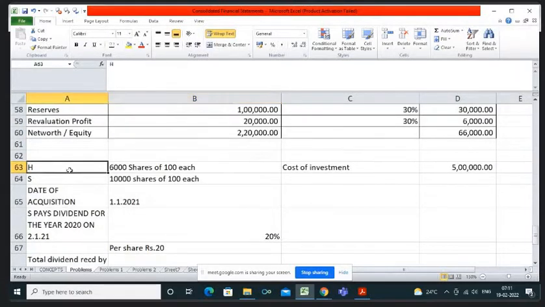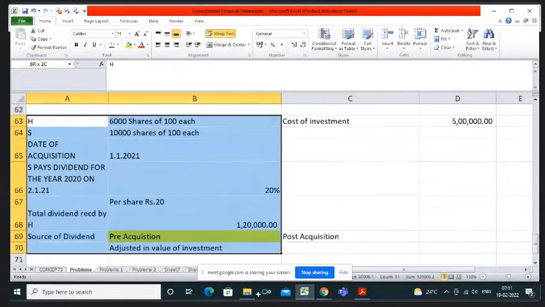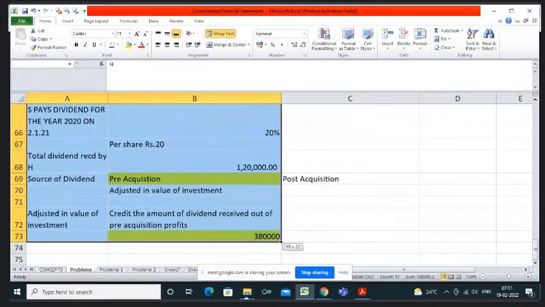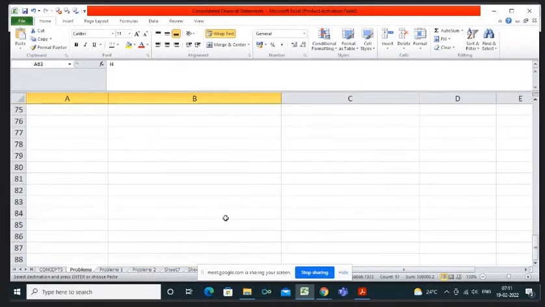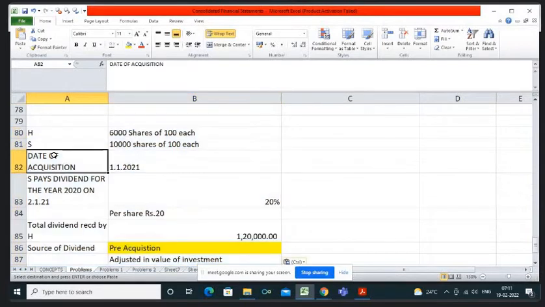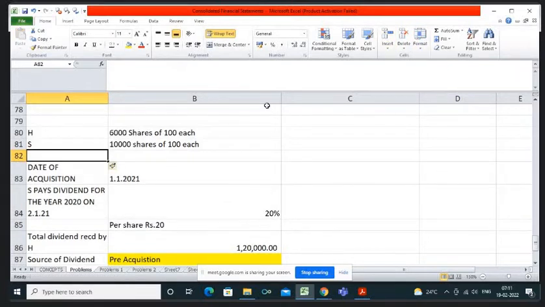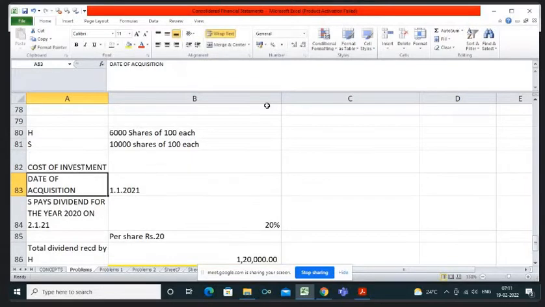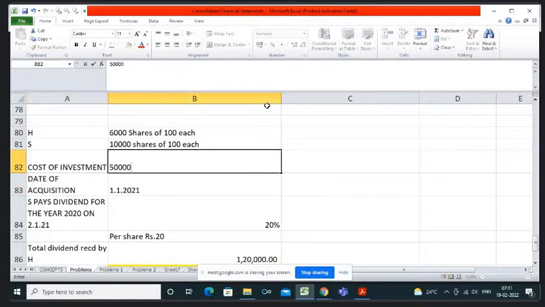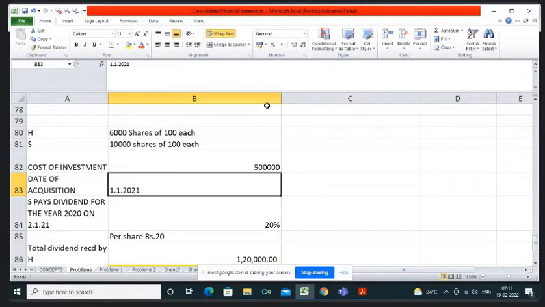If the facts are slightly different, then what happens? We'll see. Cost of investment, you can say it is 5 lakhs.